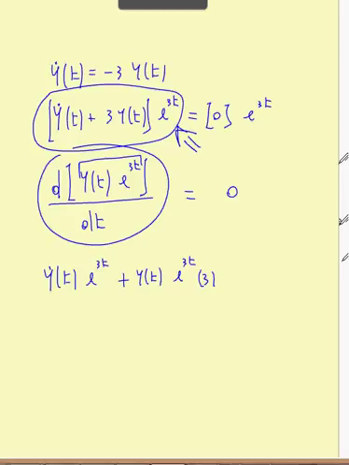I can collect for you y dot t plus 3 y t, which multiplies e to the power of 3t. The same. So the reason why we multiply by e to the power of 3t is to obtain this derivative in order to solve the differential equation.